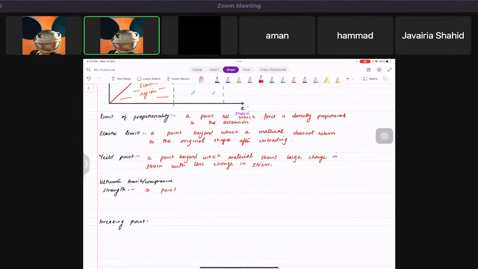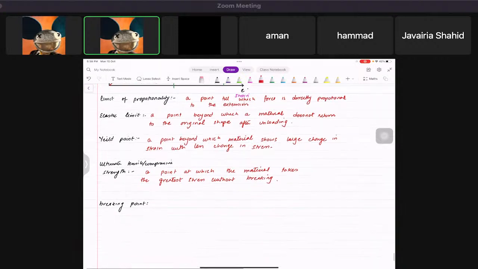A point at which the material takes the greatest stress without breaking. That's important.